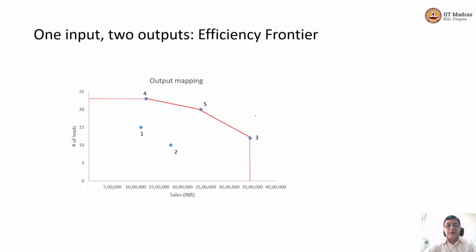Difficult to imagine higher dimensional graphs, and imagine this frontier which is not going to be a line but it is going to be a polytope, right? So in 3 dimension it is going to be a plane. In 4 dimension it is going to be an even higher order polytope, right? So difficult to imagine those. Therefore, the graphical method helps, but only in simple scenarios.